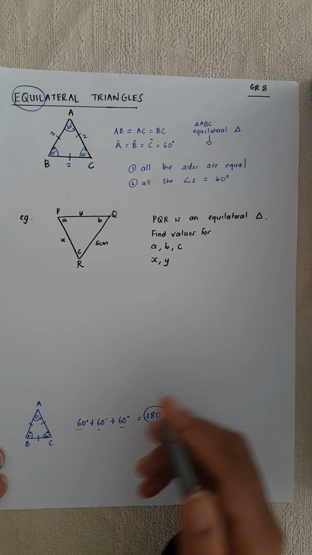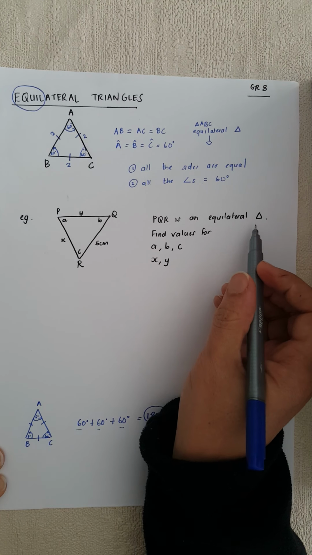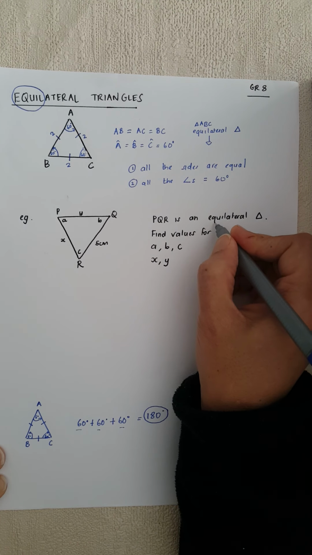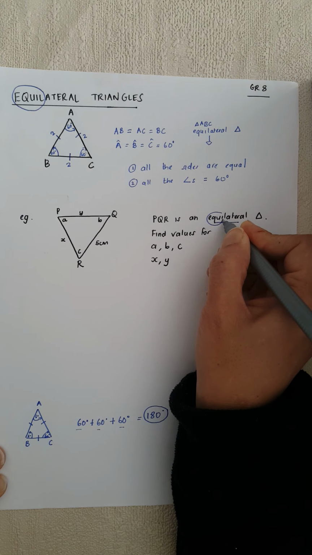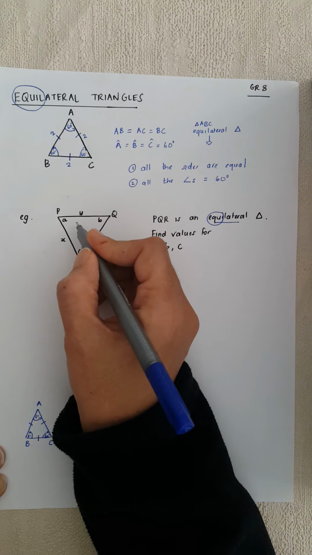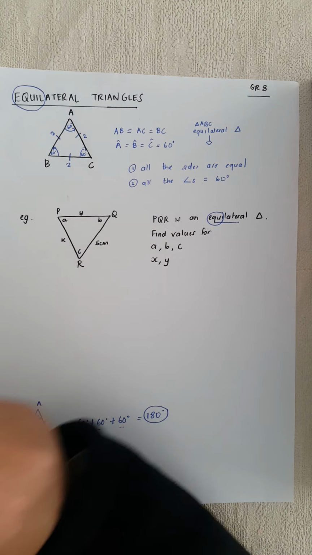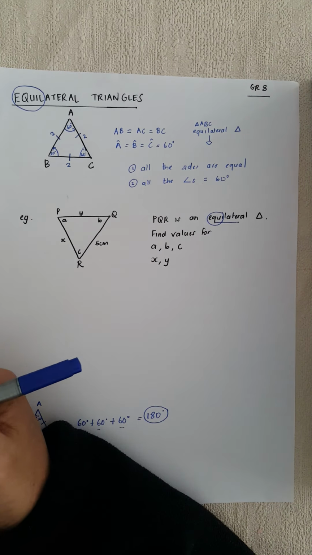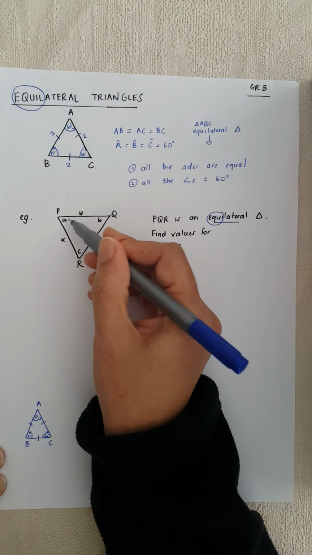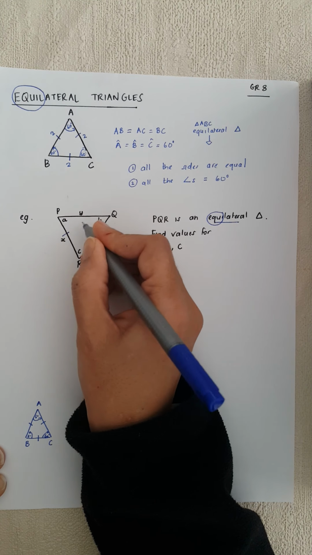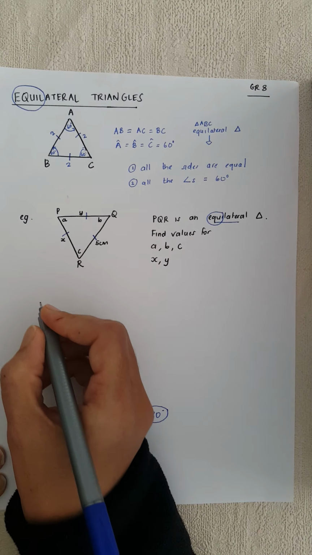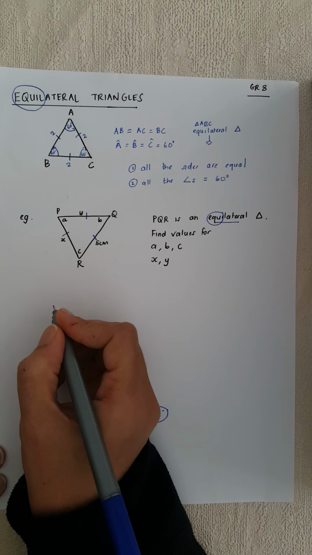So let's look at this example. PQR is an equilateral triangle. What is this part telling me? Two things. That these angles are going to be equal to 60 degrees, and these sides are going to be equal. So this side is equal to that side and that side is equal to that side. So how am I going to write it down as my statement and my reason?